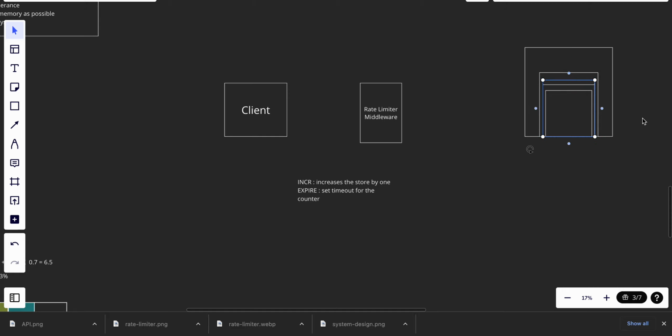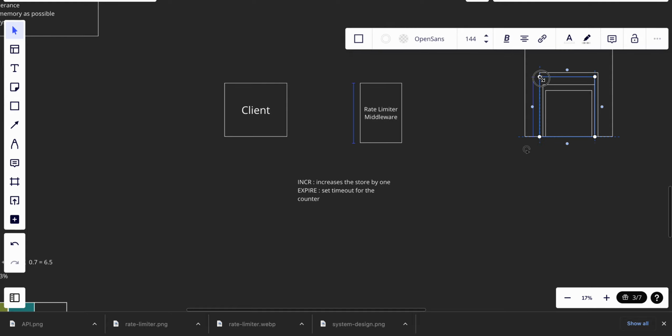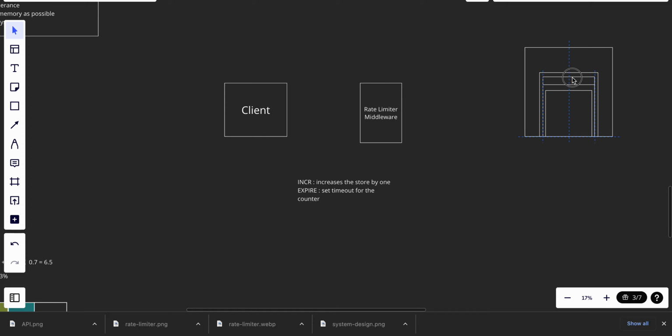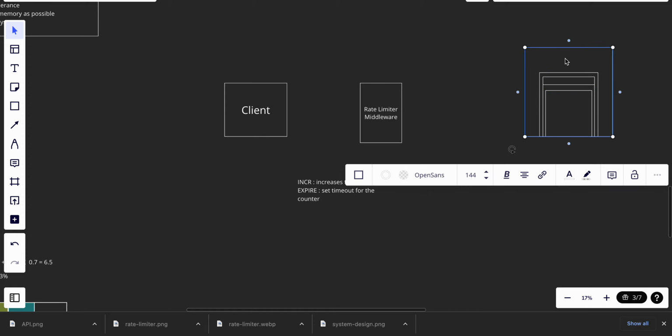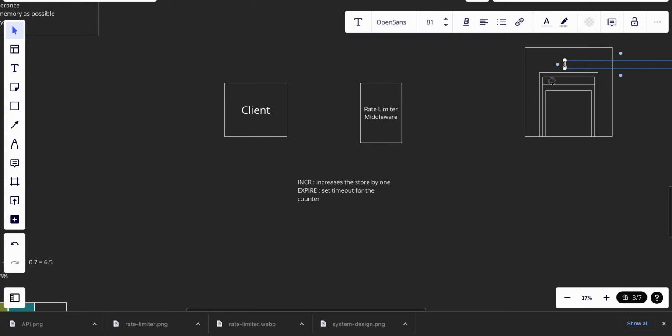So here we have our web servers, and here we have our API servers.